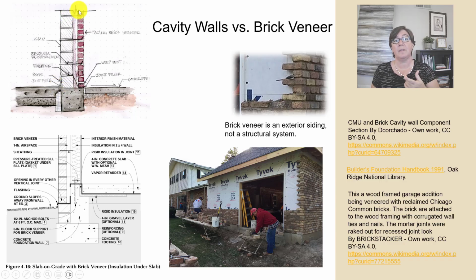Right? This piece right here, this is the brick veneer. This is the pretty piece on the outside, all right? And this is not structural, right? And so the whole construction here is called a cavity wall because there's a gap between these 2 layers. All right, this is the cavity, and that's what the name comes from. But this piece right here, when we're talking about masonry structural system, that's what we're talking about.